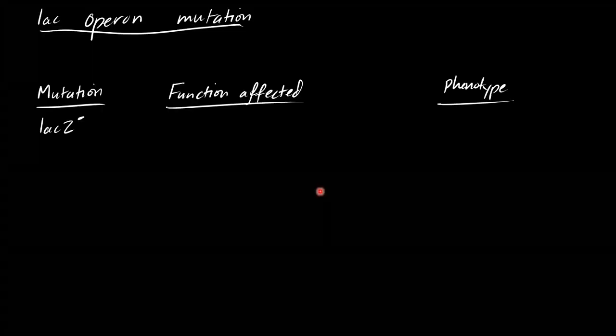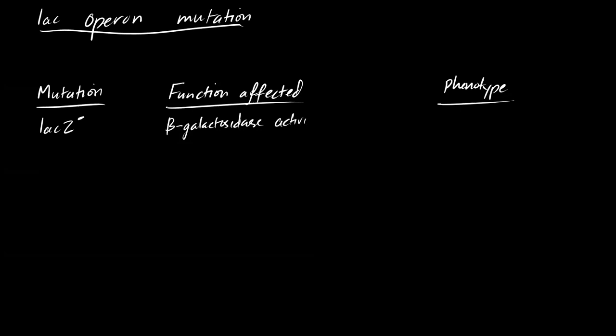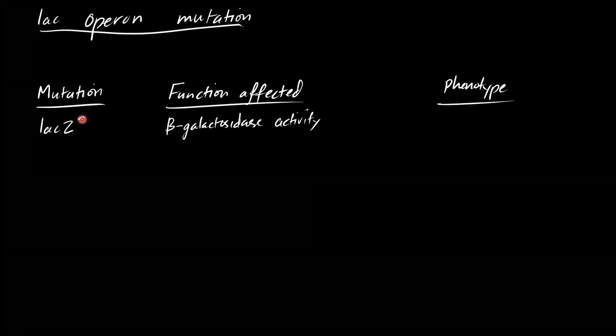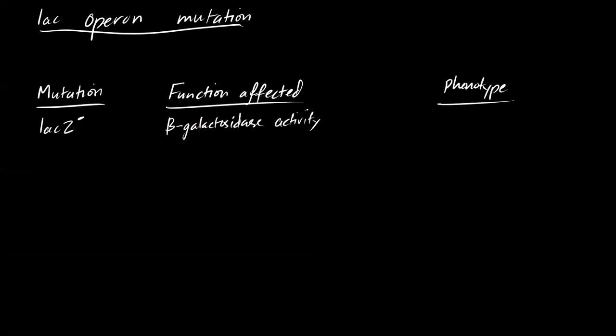So the function that is affected is the beta galactosidase enzyme activity. So if there is a mutation that affects the lac Z gene, there will be no active beta galactosidase.